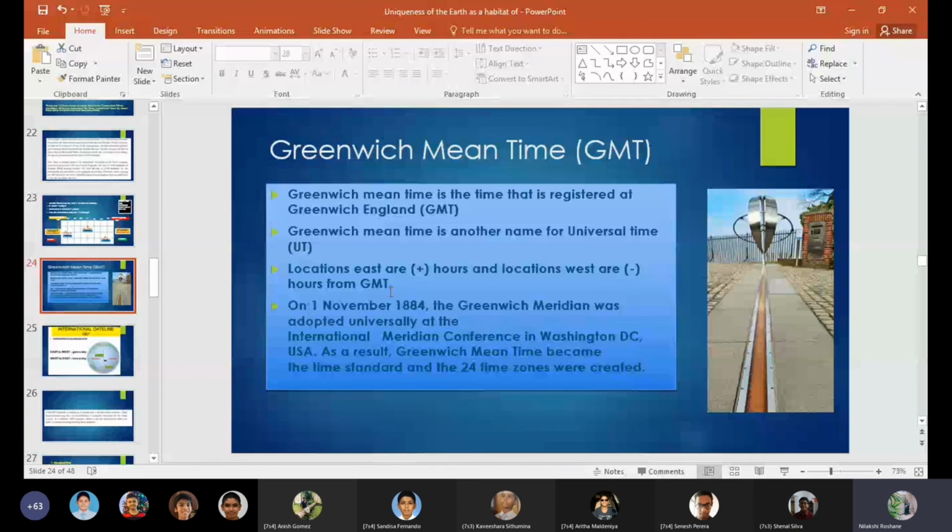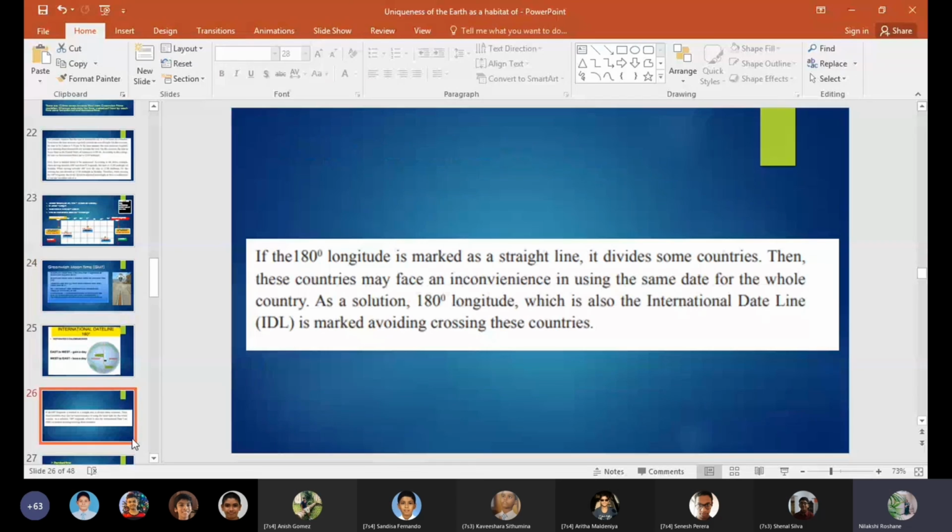On 1st November 1884, the Greenwich Meridian was adopted universally at the International Meridian Conference in Washington, D.C., USA. As a result, Greenwich Mean Time became the time standard and the 24 time zones were created. If the 180 longitude is marked as a straight line, it divides some countries. Then these countries may face an inconvenience in using the same date for the whole country. As a solution, the 180 longitude, which is also the International Date Line, IDL, is marked avoiding crossing these countries.